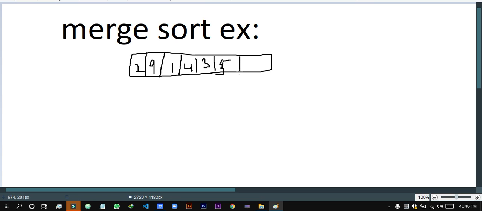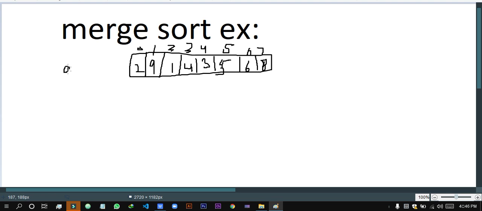And their indexes would be 0, 1, 2, 3, 4, sorry, 5, 6 and 7. So let's see, I have an unsorted array.